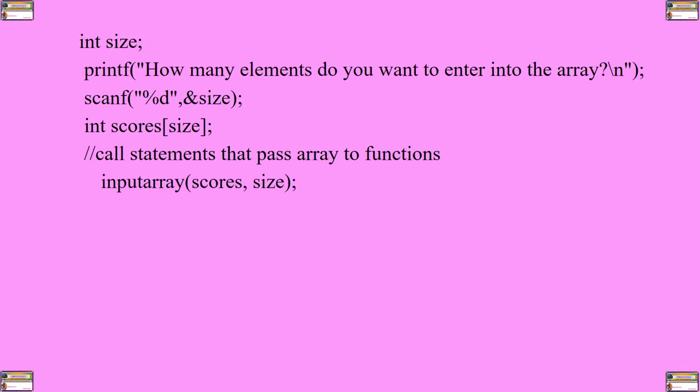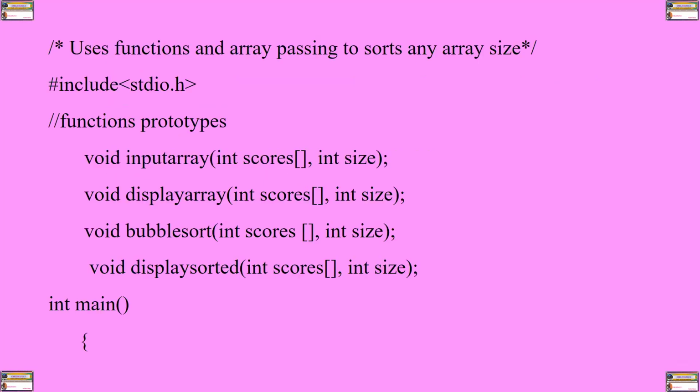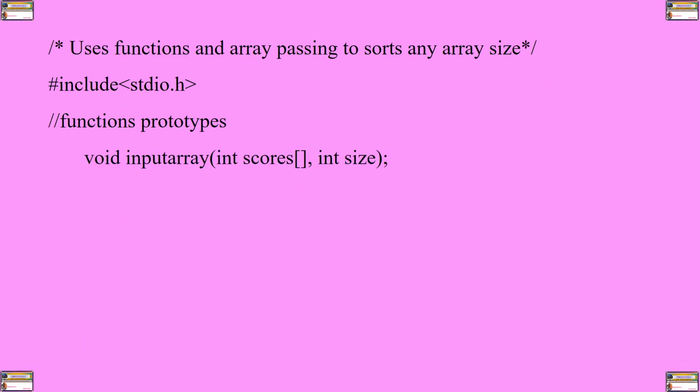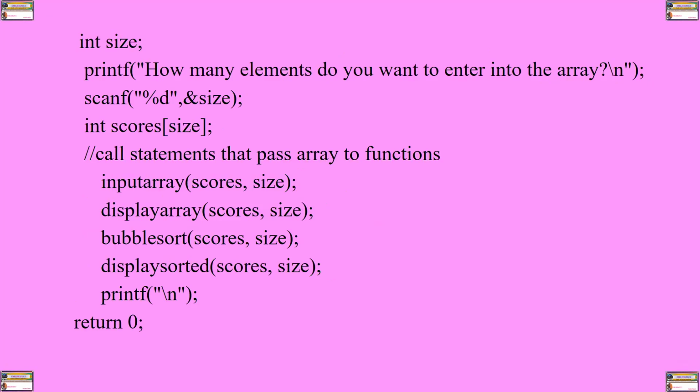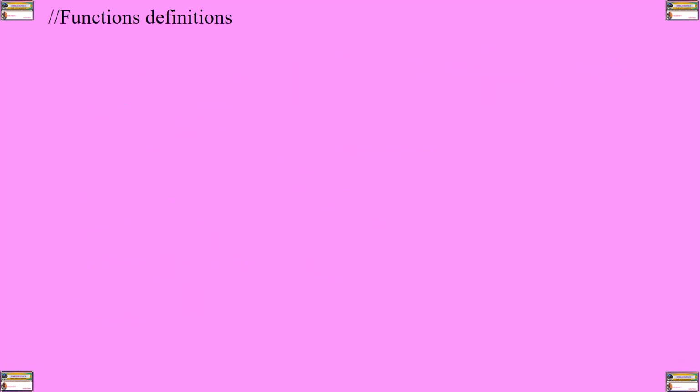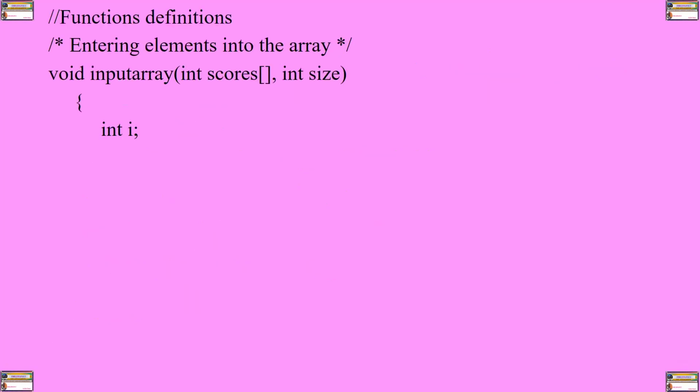Once this statement is invoked, the control will be taken to the prototype, and then the processor will go and look for that function's definition after the main. And here it is. This is the function definition for entering values into the array.